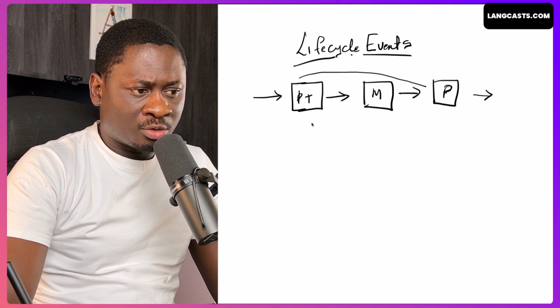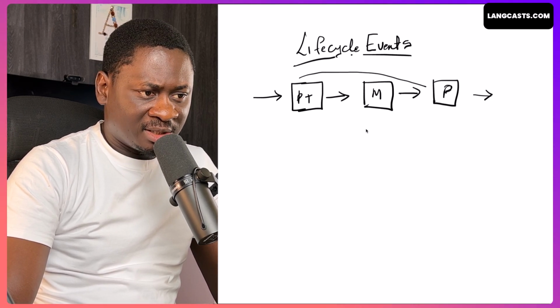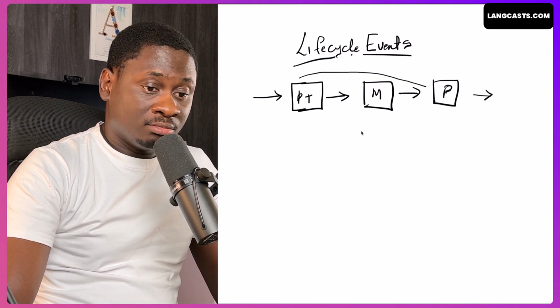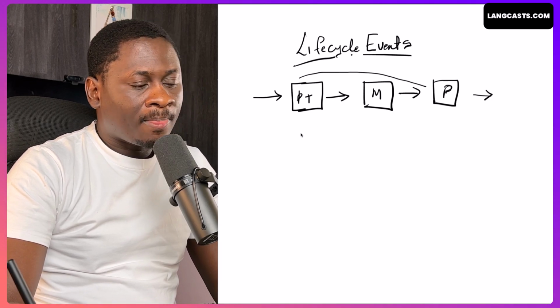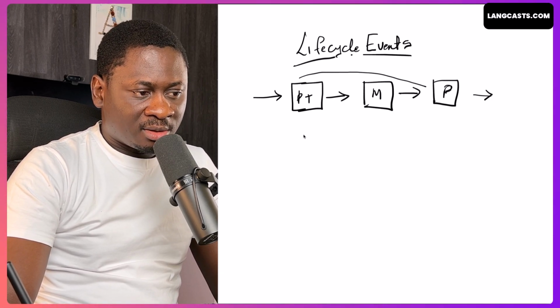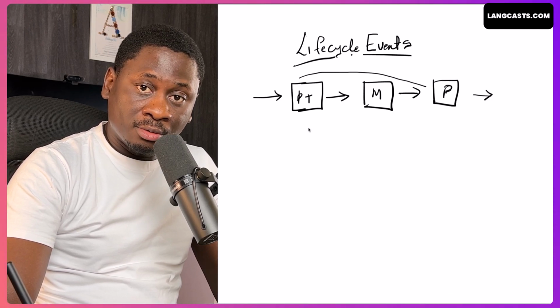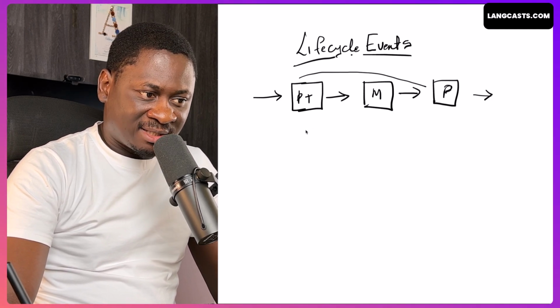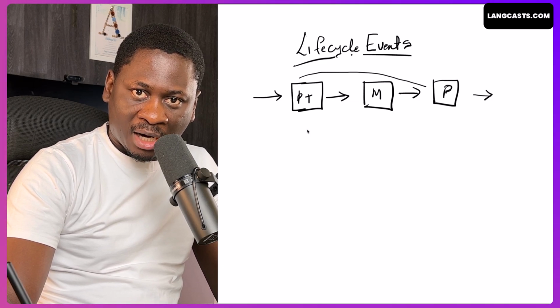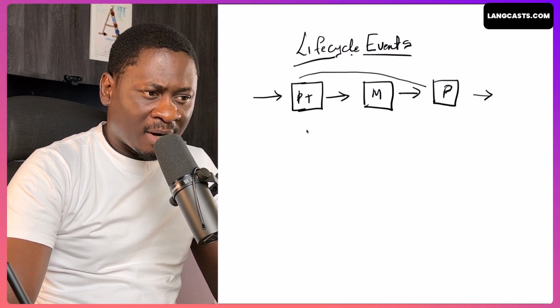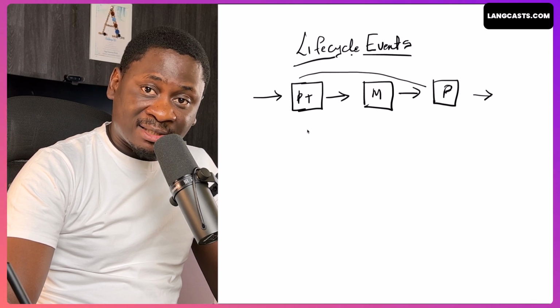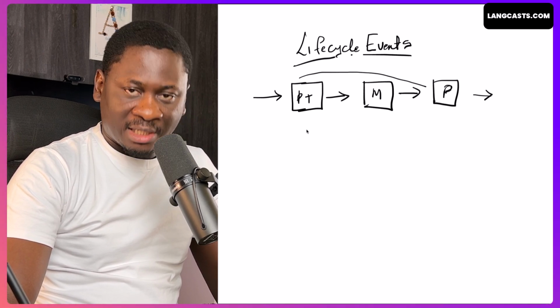And sometimes we want to take actions when some things happen, or even just take action when an error occurs. Because of this, LangChain gives us lifecycle events that we can hook into to get this information coming out from our chain when it starts, when it ends, and when there's an error.